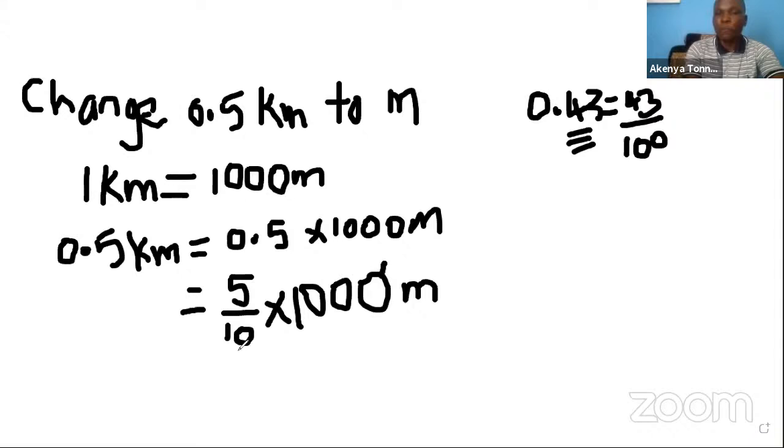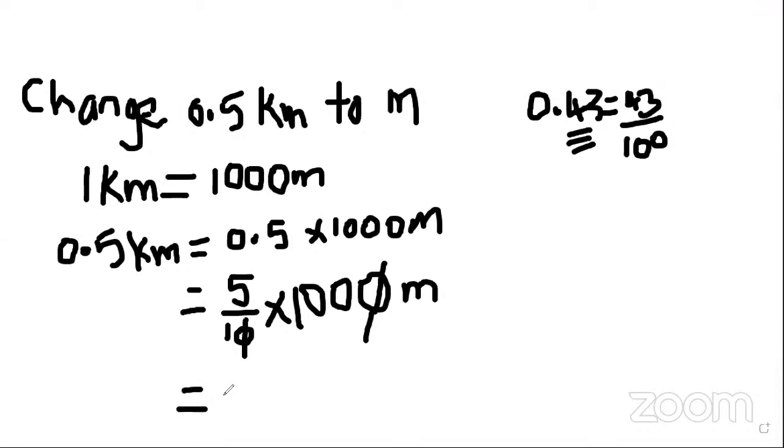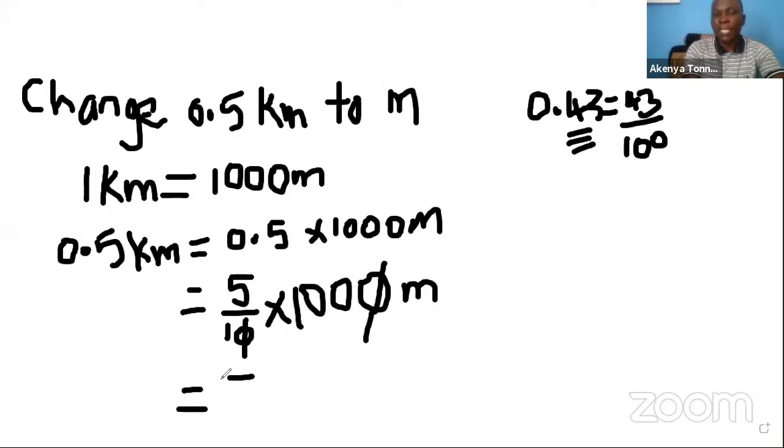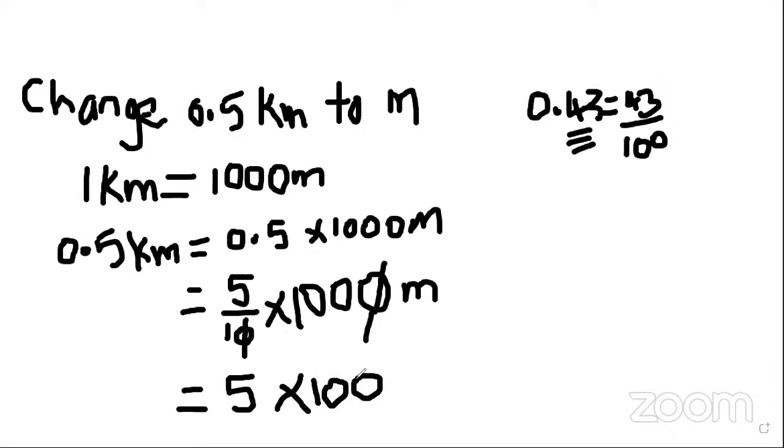Then we remain with 5 out of 1. What is 5 out of 1, Monique? What is 5 divided by 1? 5. So we remain with 5 times 100.